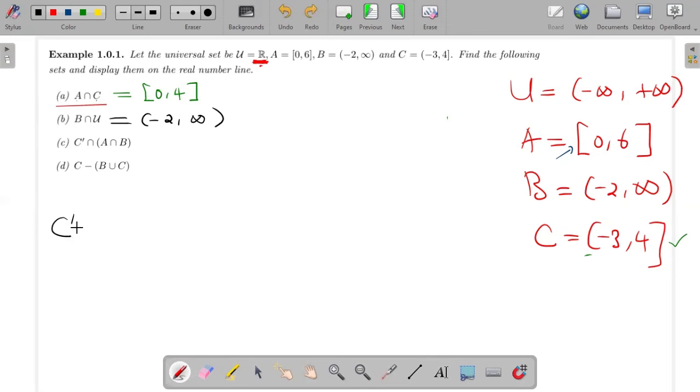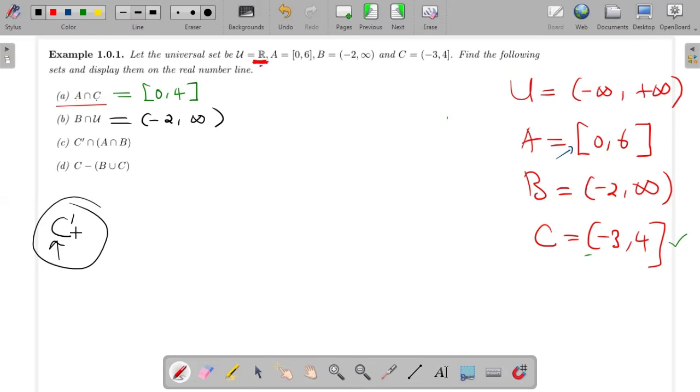When they write a set as C complement, they just mean all the elements that are not part of this set. You can see C is from minus 3 to 4, so all the elements that are not here will be part of C complement.